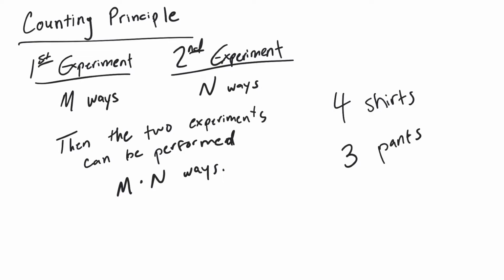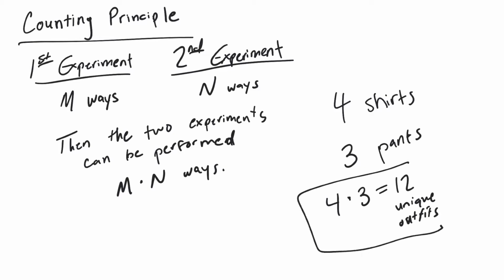And if I wanted to know how many different ways you could design an outfit using those 4 shirts and 3 pants, and of course we assume that all those things go well together and we don't have any clashing colors or anything like that, so every combination is a possibility, then the counting principle says that we can create 4 times 3 or 12 unique outfits. So that's a very simple application of the counting principle.